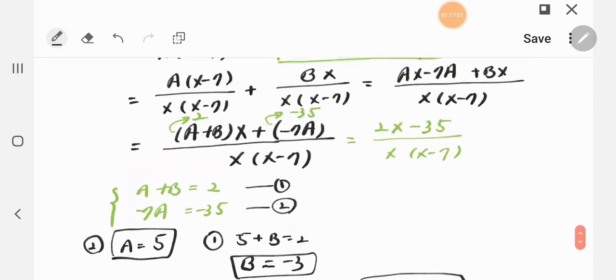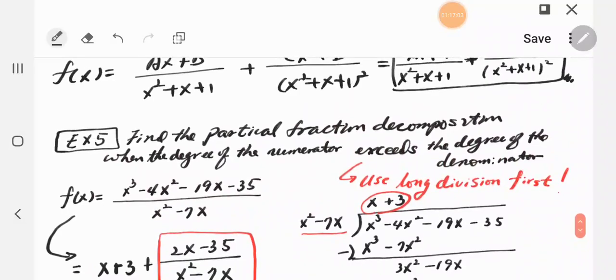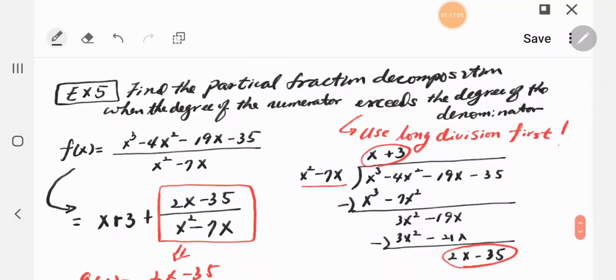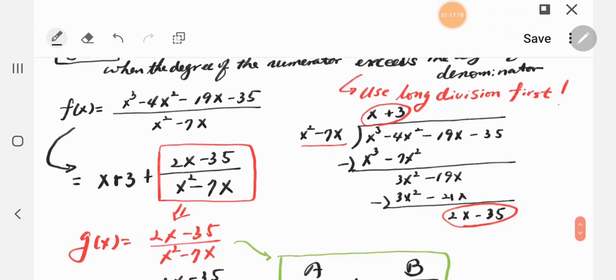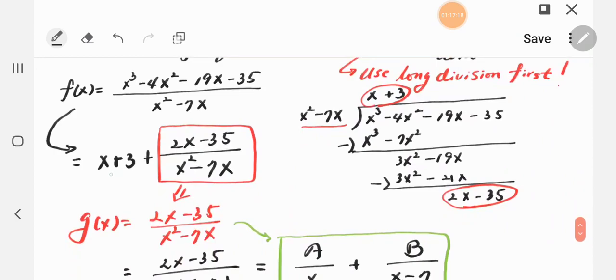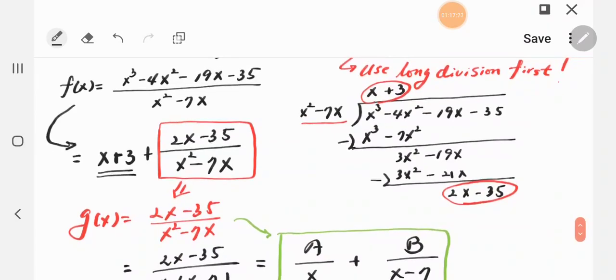So this is what we did. Since the degree of the numerator, 3, is greater than the degree of the denominator, 2, what we do is use the long division method to divide. Once we divide it, it becomes x plus 3 plus some fraction.